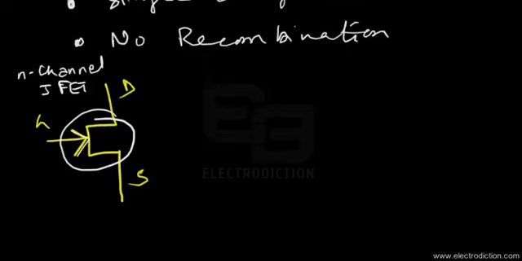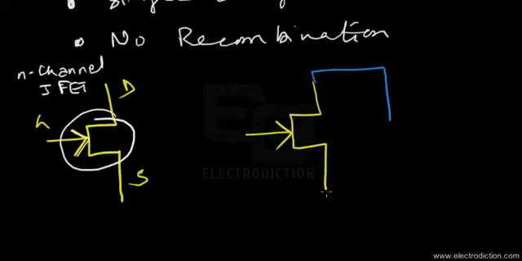Now if we use this to construct the circuit that we have just drawn above, it would look somewhat like this. I'll add the voltage sources over here using red as well.